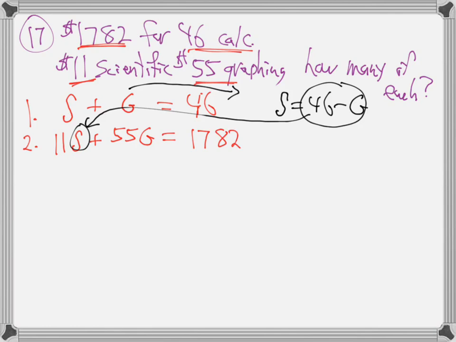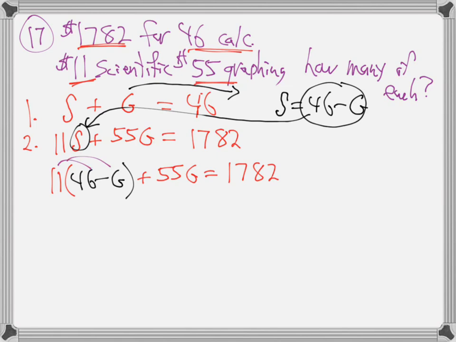All right, so plug that in. We get 11 times S. S is 46 minus G plus 55G is 1782. Good to there, right? And then we just distribute.